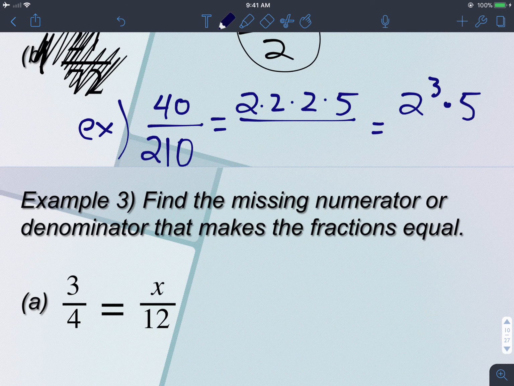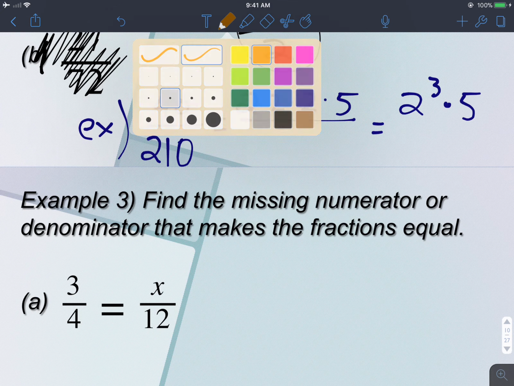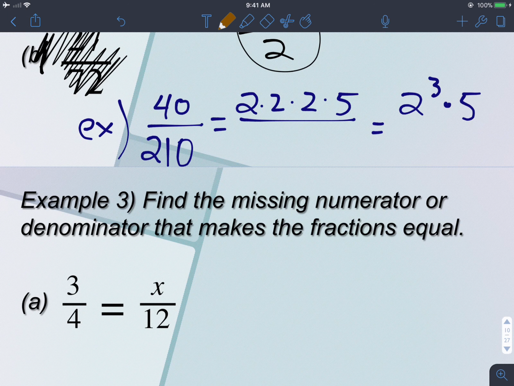Got it. 210. Just throw that up real quick. Be 21 times 10, 3 times 7, 5 times 2. Okay, so now the bottom one would be 2 times 3 times 5 times 7.